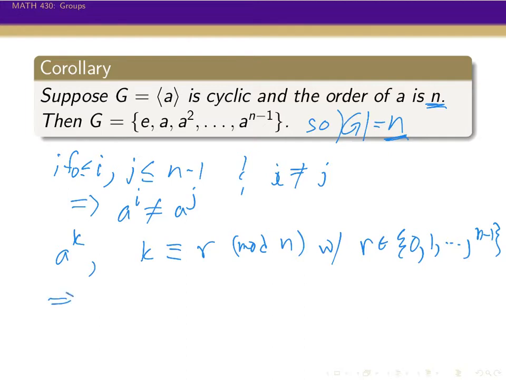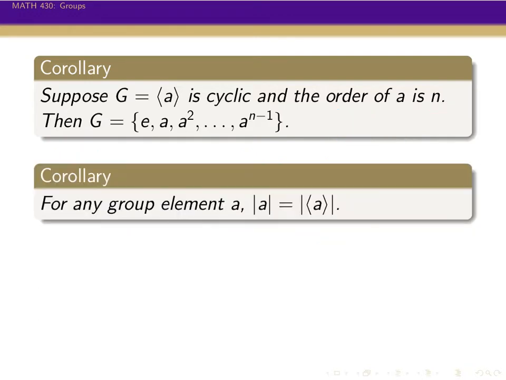And so by the previous corollary, a to the k is equal to a to the r. So everything in the set is distinct, and if you give me some other power of a that you say should be in there as well, I can say no, because k is congruent to r, a to the k is equal to a to the r, and we've already counted that. So this is exactly what G has to be.